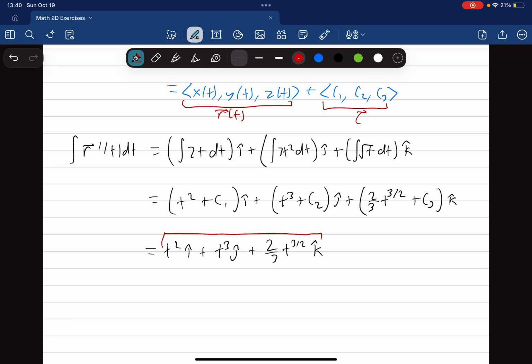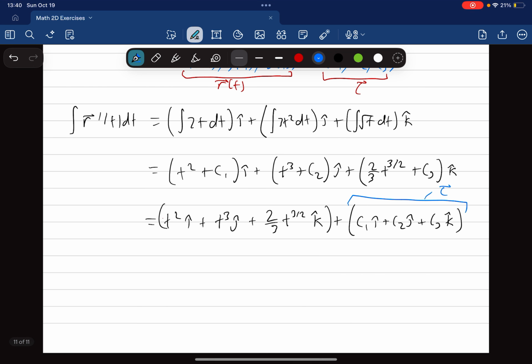It's not r of t quite, but this is the part of the vector that depends on t. And then our constant vector, let me put parentheses around it, is just c1 i hat plus c2 j hat plus c3 k hat. We're going to call it c vector.